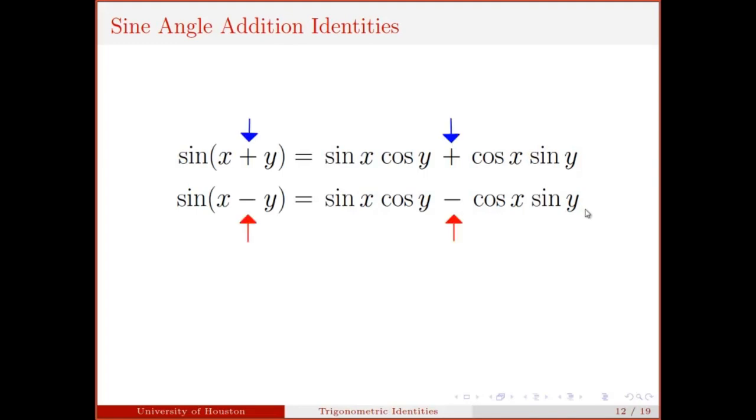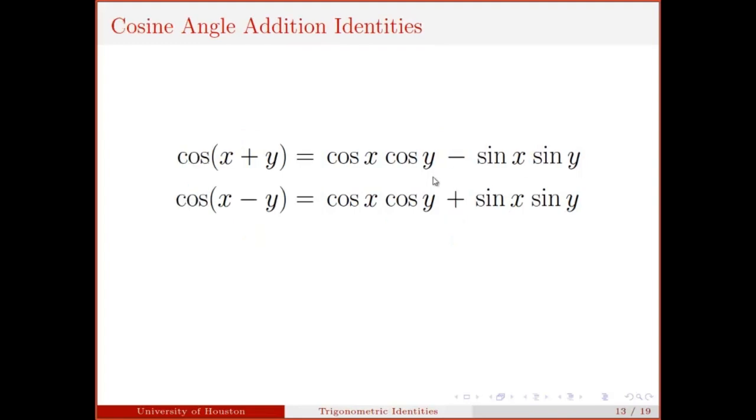Notice that for the sine angle addition identities, the plus signs in this equation match, and the minus signs in this equation match. Also, each of these terms on the right-hand side contains one factor of sine and one factor of cosine.